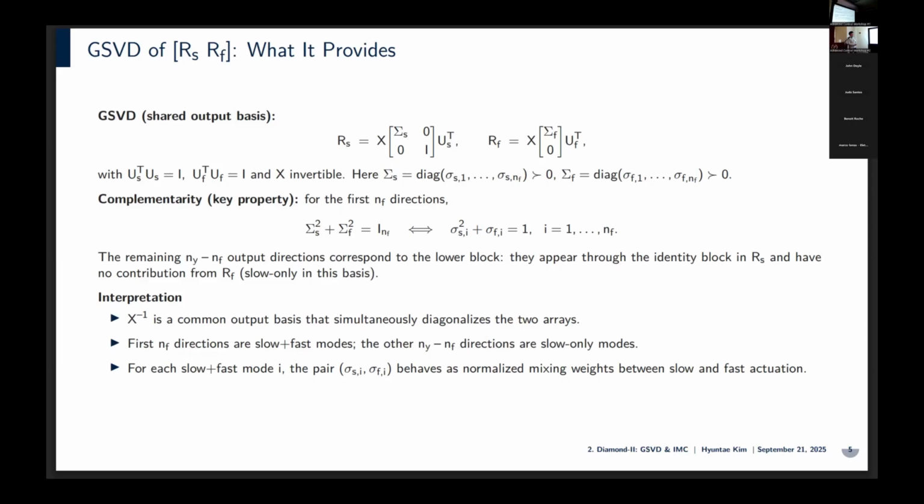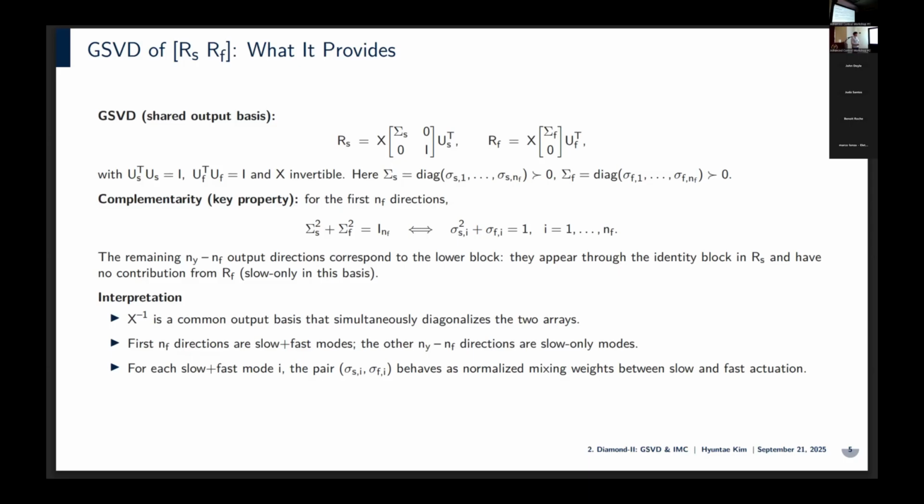They appear through the identity block in R_S, which means these parts can only be dealt with by R_S, the slow actuator, and then Sigma_S and Sigma_F correspond to the fast and slow actuators, which both can deal with that part.